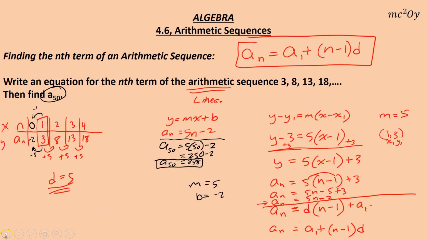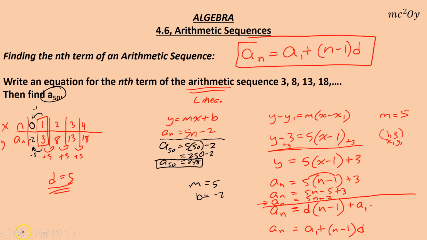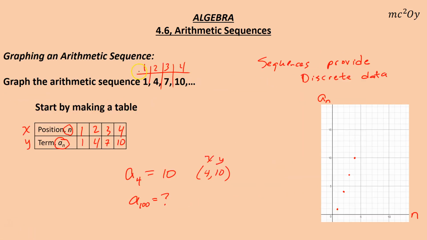But remember that problem at the very beginning when I said, hey, what would we get if we had a sub 100? We could figure that out now if we knew our equation. Your equation is easy. Like if you don't want to write out that big long formula right here each time, you could carry your pattern backwards, right? I mean, 0 would be, well, we're increasing every time here by 3. So you could just go backwards 3.